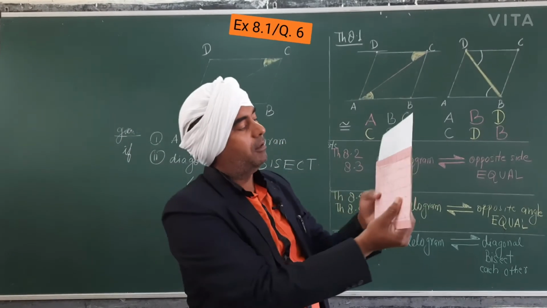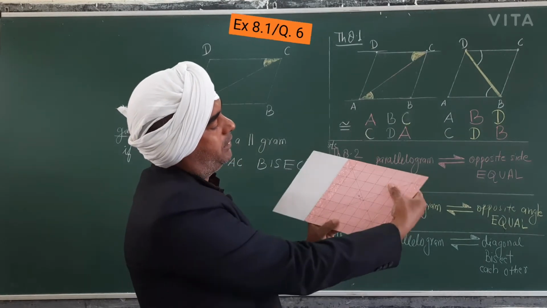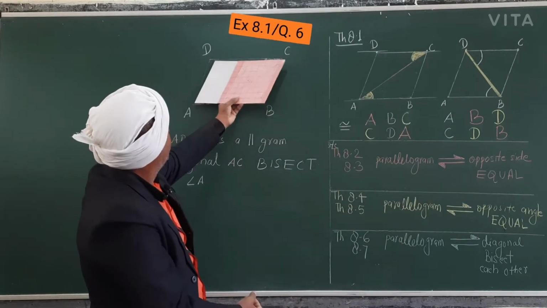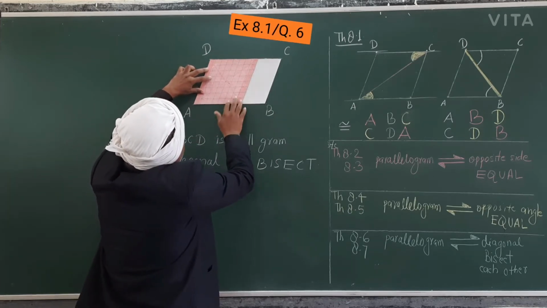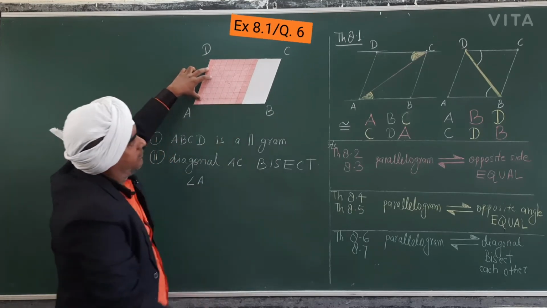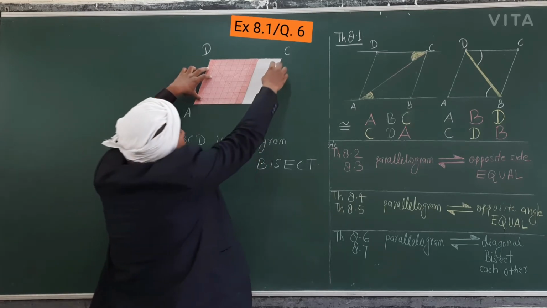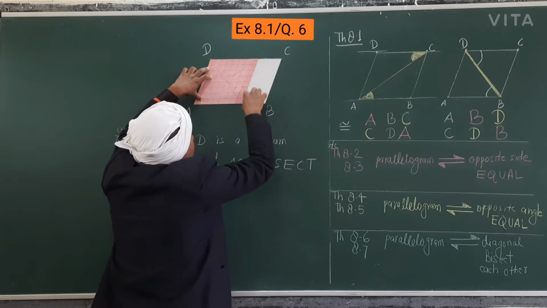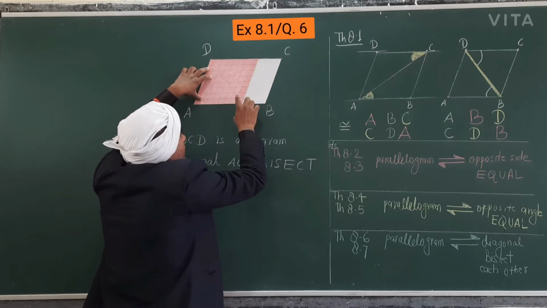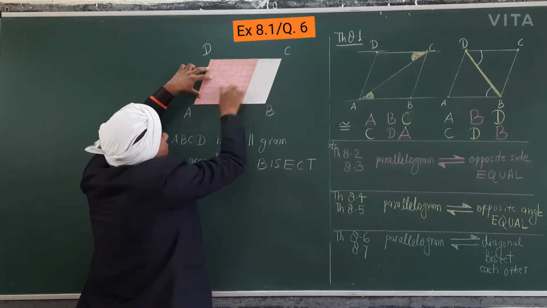Okay, you are observing. If in DC I have cut some part, then what will happen? This angle will be equal to this.